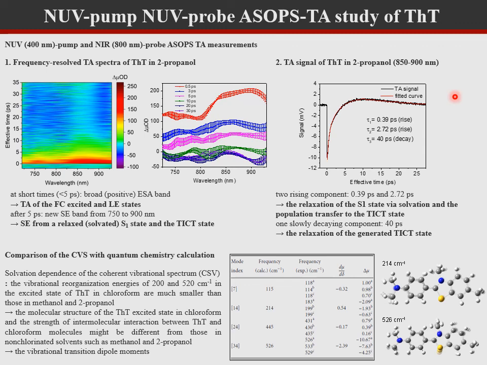We anticipate that the present experimental work will stimulate further theoretical and computational studies on these molecular systems to elucidate the difference in the intermolecular interactions of the photoexcited THT and surrounding solvent molecules.